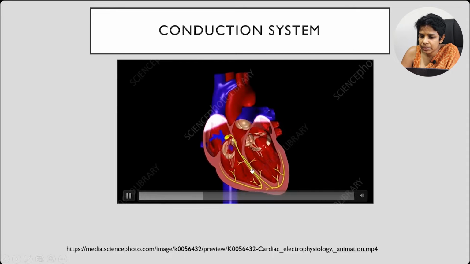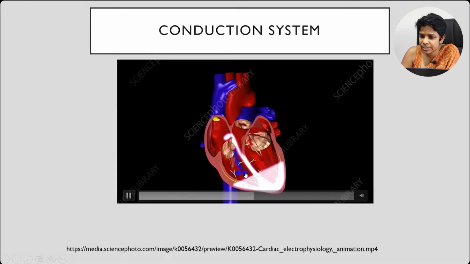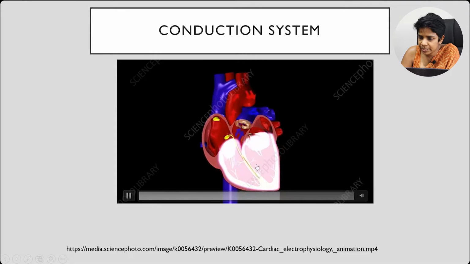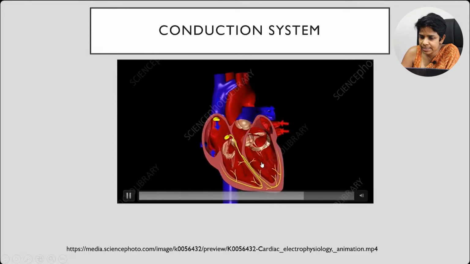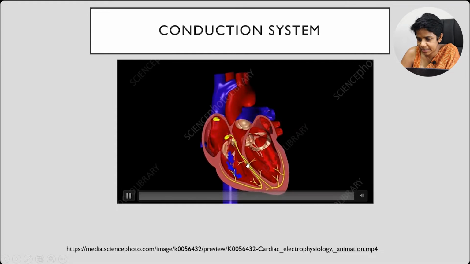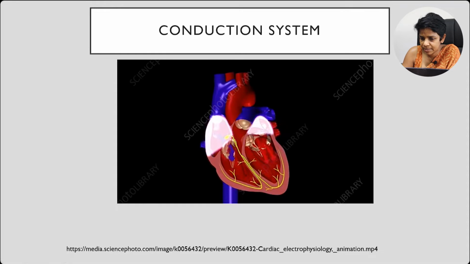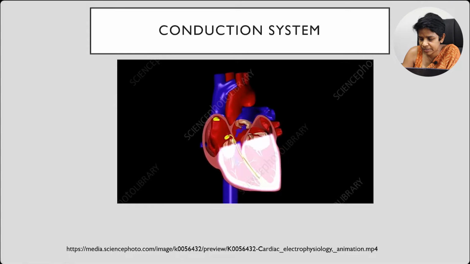Through that, via right and left bundle branches, electrical activity goes into the left ventricle, depolarizes the ventricles, and then systole of the left ventricle occurs, and afterwards repolarization of the cardiac muscle occurs. This is the basic conduction system and the electrical activity of the heart.